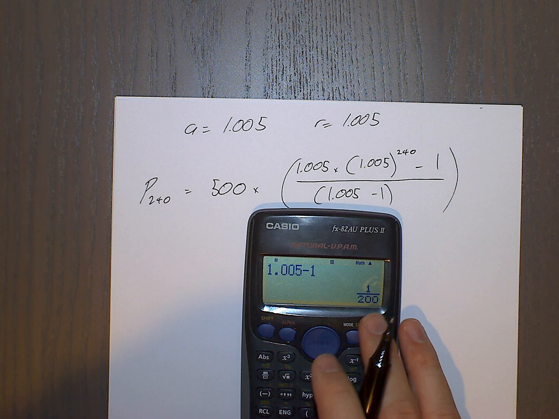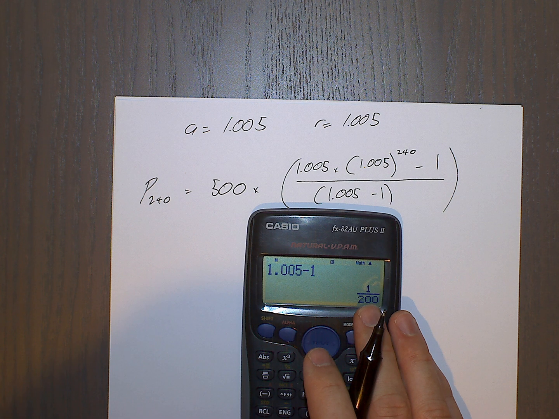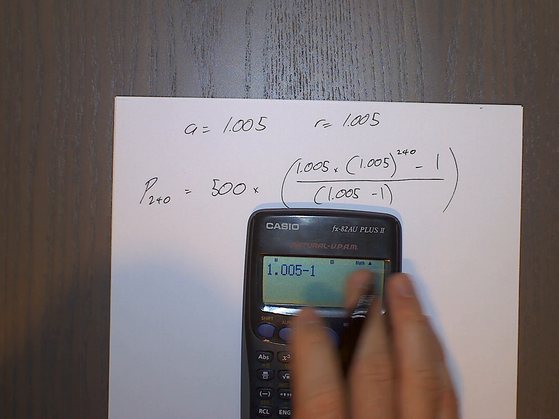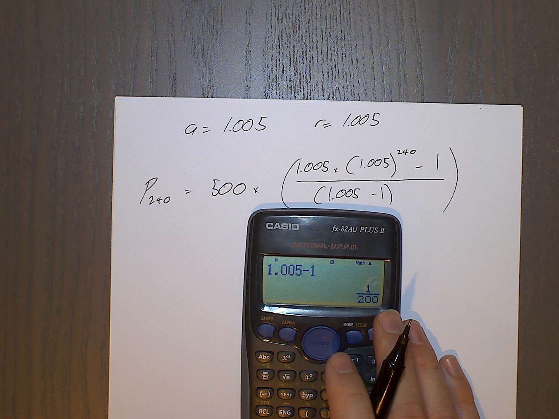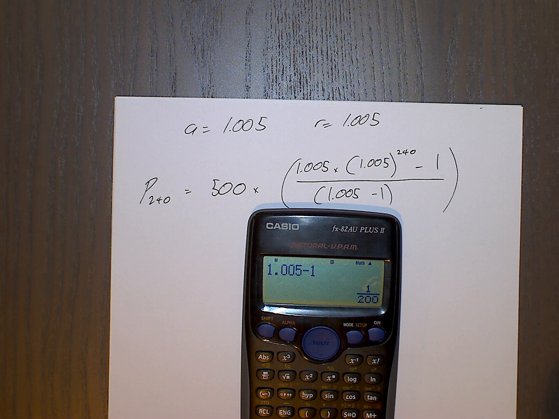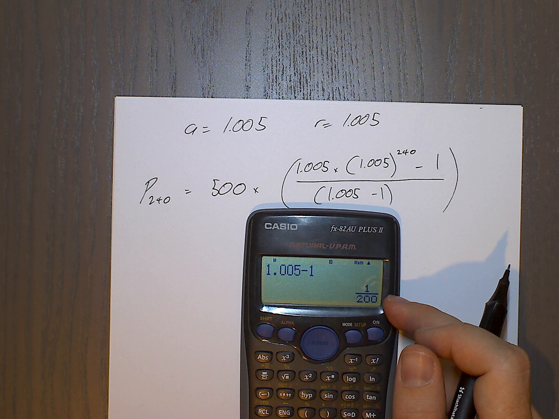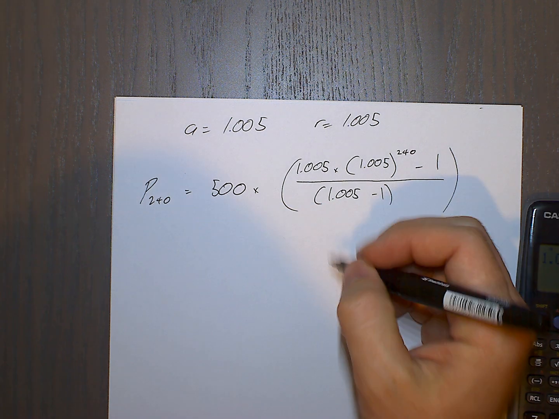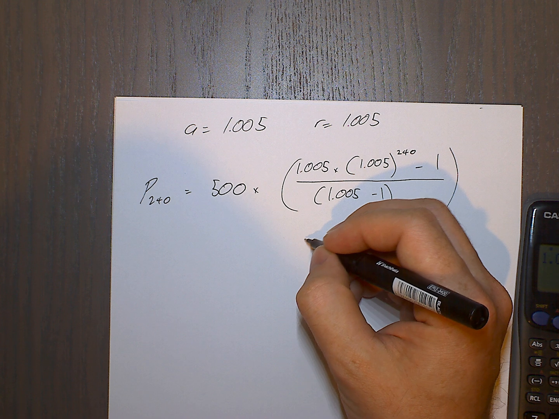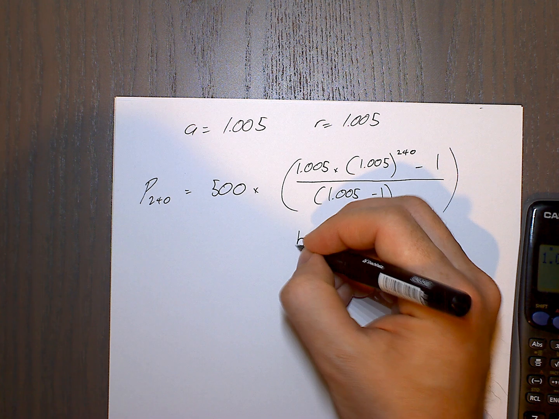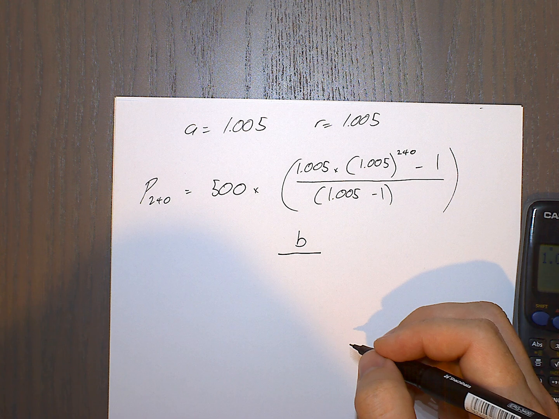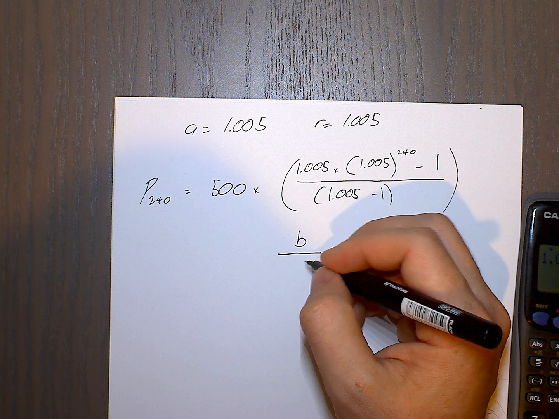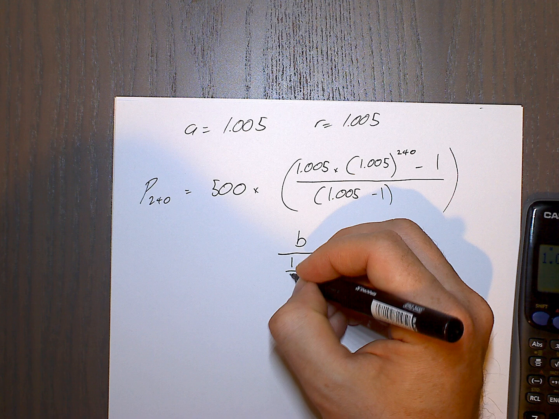And the fact that it presents itself as a fraction is important. I just quickly want to recall, if we're dividing one fraction by another fraction, a way we can solve that is switching the second fraction and multiplying. This is what happens here, just in case you've forgotten. Let's say I have, I'm going to use algebra here, b over 1 over 5.